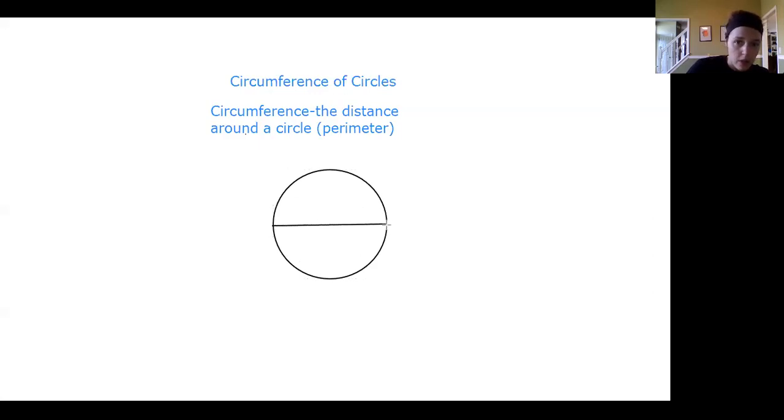We have the dot in the middle, that's your center. Obviously the center of a circle.